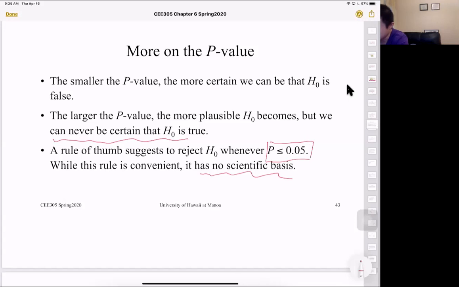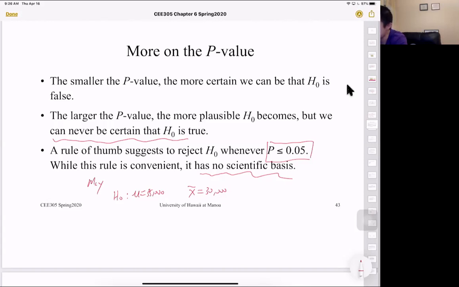For example, in the previous example, the mayor claimed the average income of the city is equal to $35,000. We get a sample, and the sample mean is only $30,000, far away from his claim.